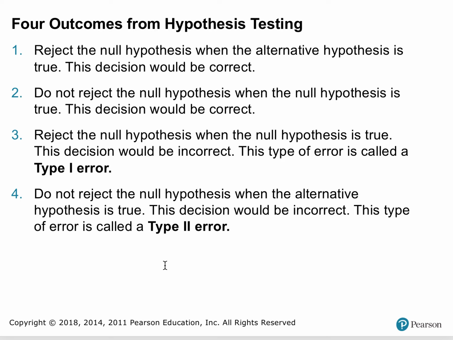To make matters worse, you're not going to know whether you're wrong or not. So we have some tools to help manage these incorrect conclusions. All right, one more time. Type 1 error is you reject the null hypothesis and you should not have. Type 2 error, you do not reject the null hypothesis and you should have.